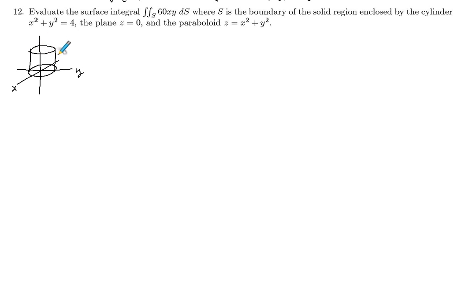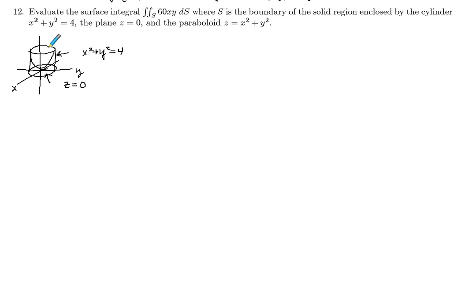The bottom down there is just z equals 0. And then we've got that paraboloid inside here. So the paraboloid is the top surface, the cylinder on the side, and the xy plane is the bottom surface.